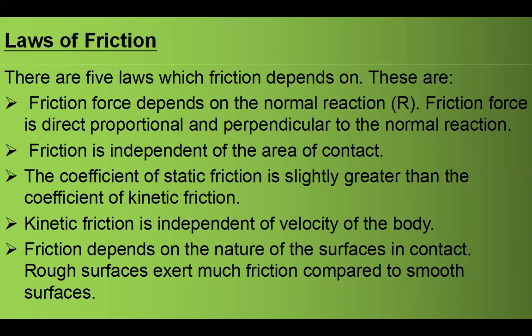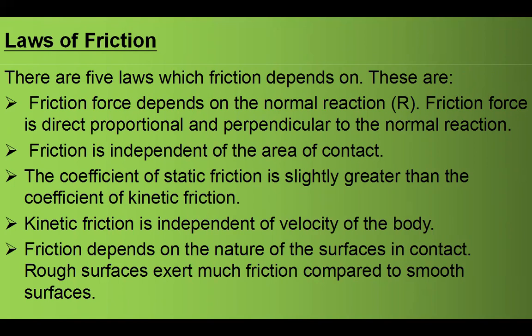The second one is that friction is independent of the area of contact. So the area of contact won't determine the amount of friction; they are not related to each other. That's the second law which we have to notice. The third one is that the coefficient of static friction is slightly greater than the coefficient of kinetic friction.